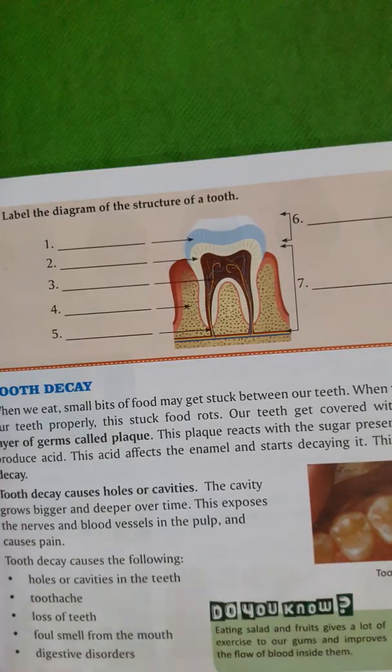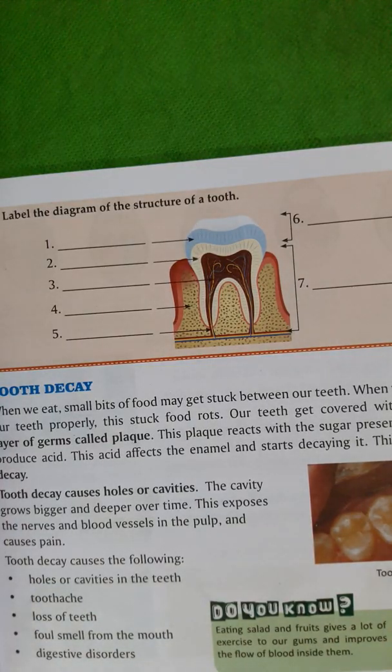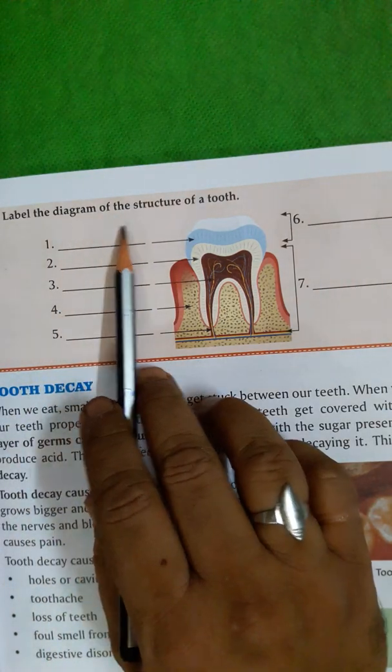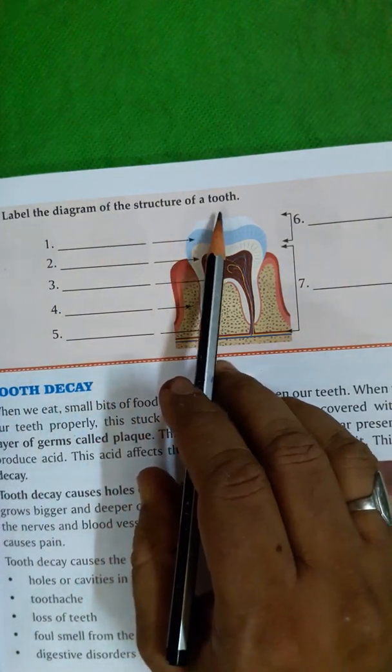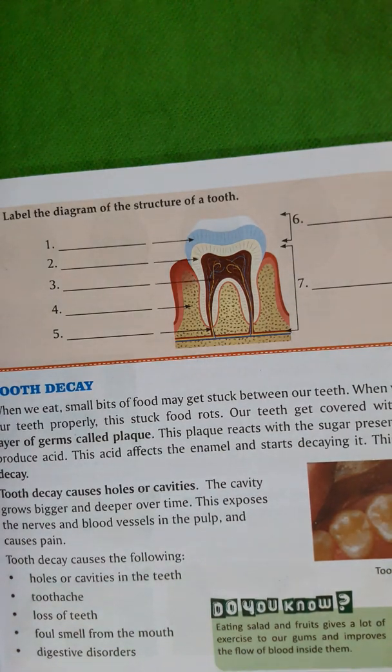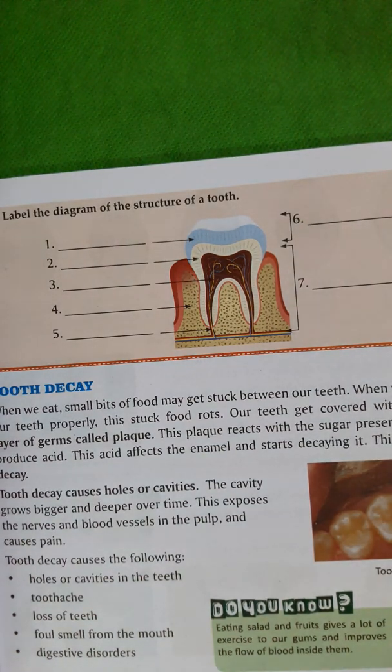In your book you have this diagram. Label the diagram of the structure of a tooth. After this class you can take out your science copy, then draw and label it.